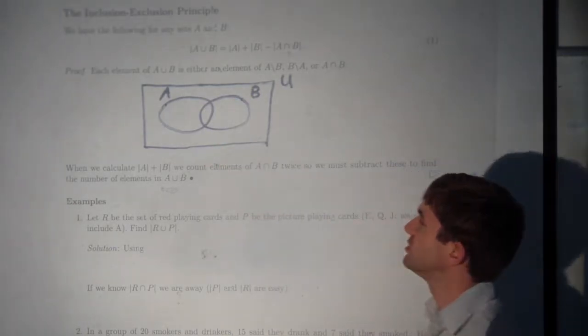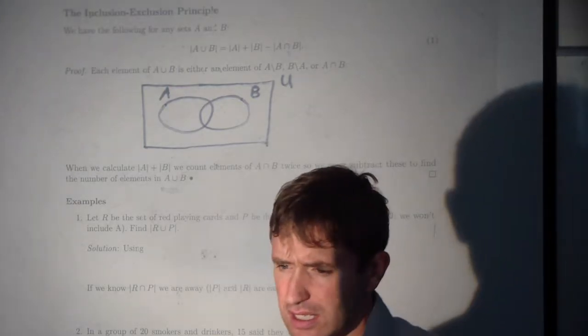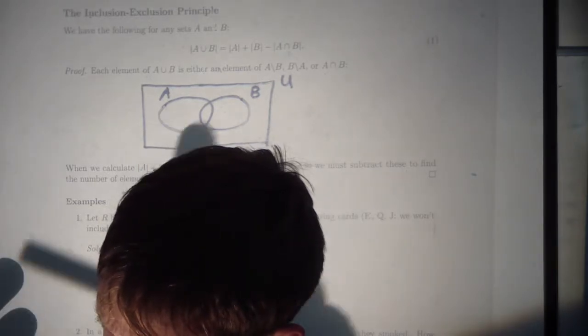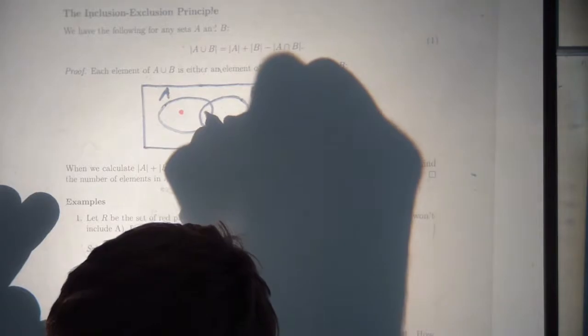And so if you count the number of elements that are in A plus the number of elements of B, what will happen is you will count the middle twice.